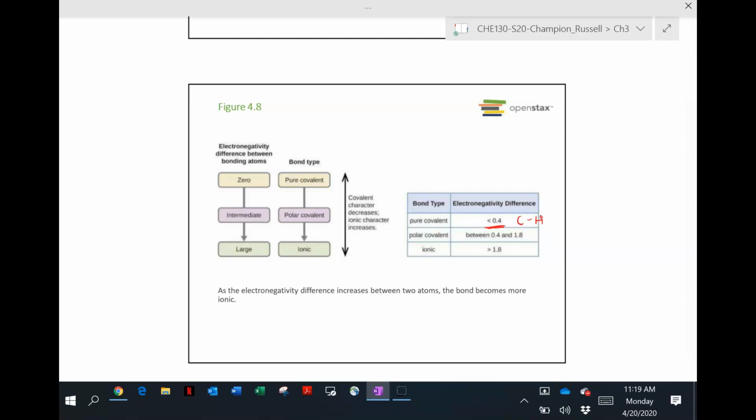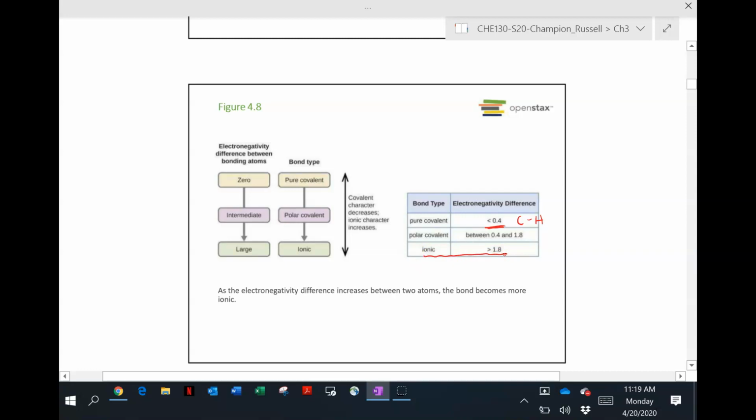That's important because, if you look at all the molecules in the universe, there are probably more carbon-hydrogen bonds than just about anything else. And then if you have something where the difference is greater than about 1.8, we're going to say those things are ionic: the electrons in the bond aren't actually shared.